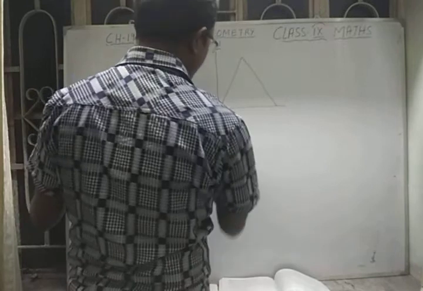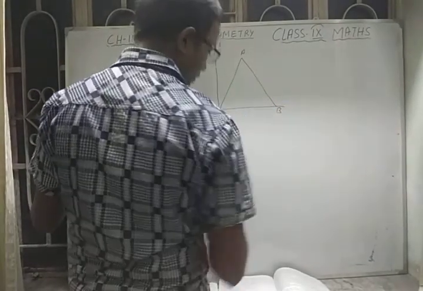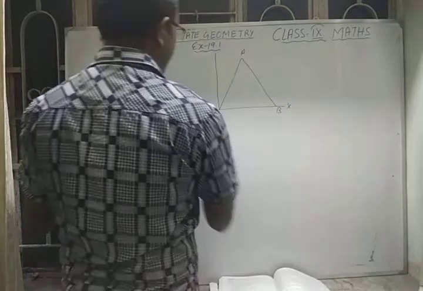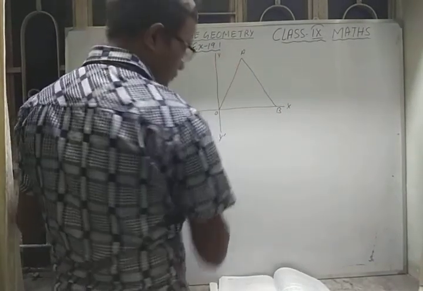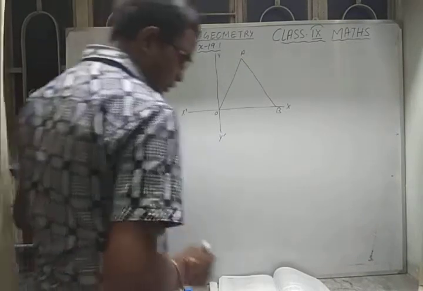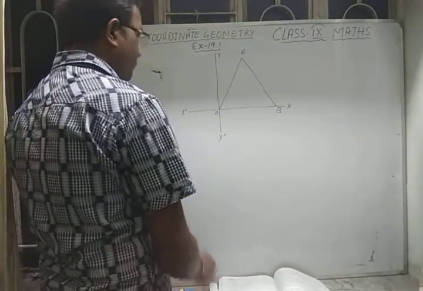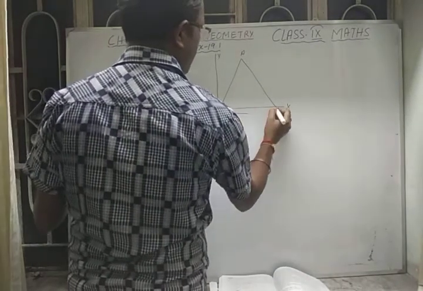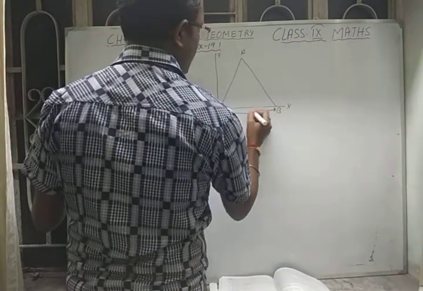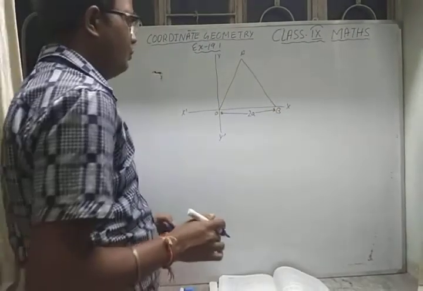Okay, it is given O, A, B, it is X, it is X dash, it is Y, and it is Y dash, and this is the origin, and the length of the base OB is given 2a, means it is total 2a.